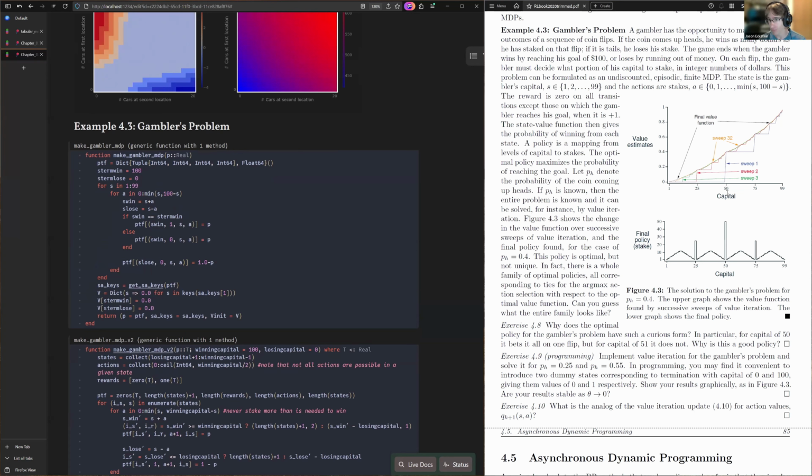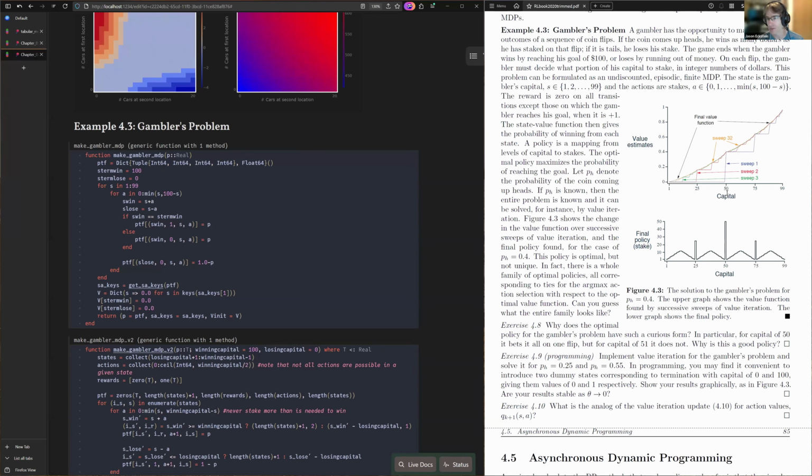We win the game if we get to $100, and we lose if we run out of money. So we flip a coin, and we either win or lose the money that we bet. If we bet 10, we either win 10 or lose 10 on the outcome of the flip.